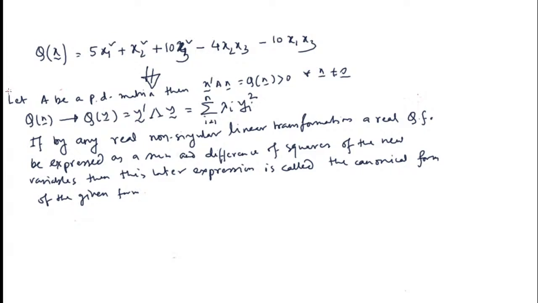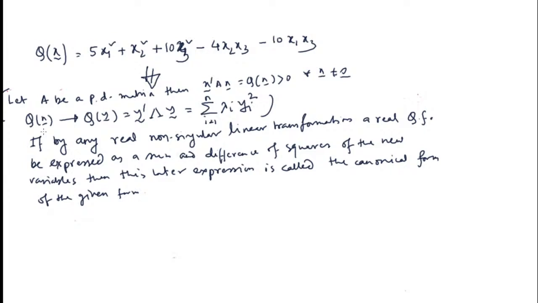So this is the example. If A is a positive definite matrix, then after some non-singular transformation we can get Qy curl, which gives the sum over i from 1 to n of lambda yi square. Because here I consider A positive definite, all eigenvalues are greater than 0. You knew this at undergraduate level.